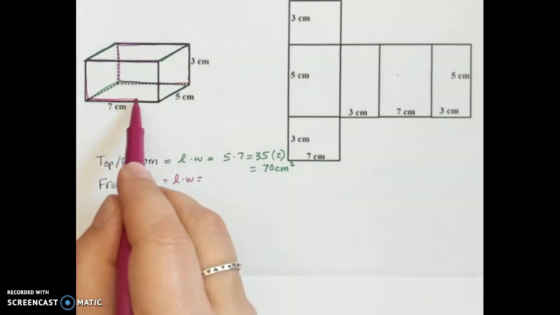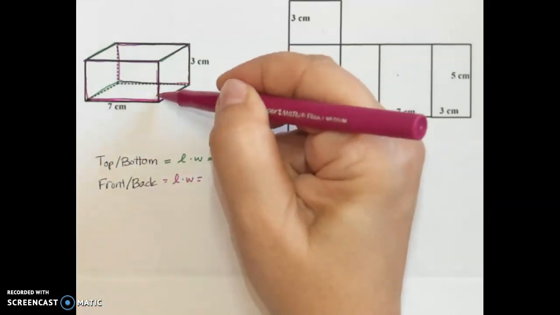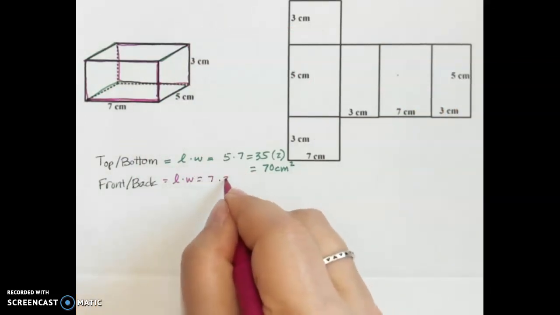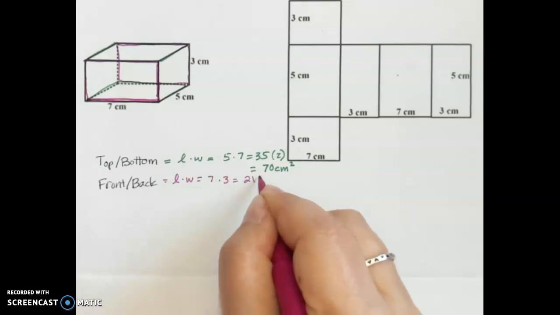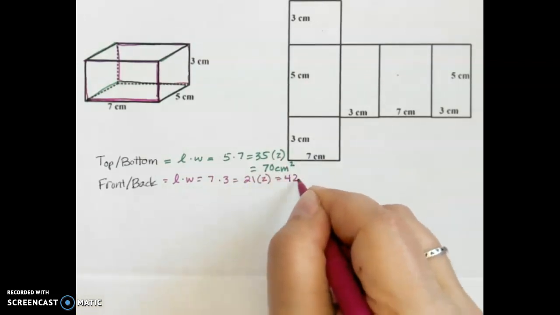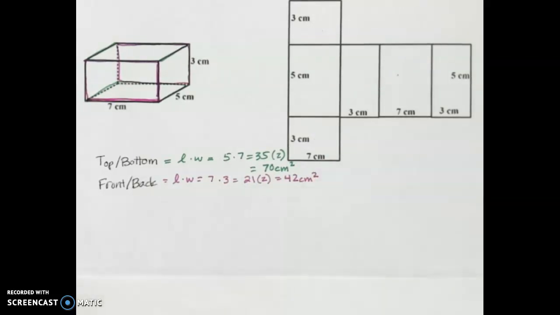And this time the width is really how tall the rectangle is. So that's going to be 7 times 3. And then we're going to double it because we have a front and a back. So if we add the front and the back, we'll be adding 42 square centimeters.